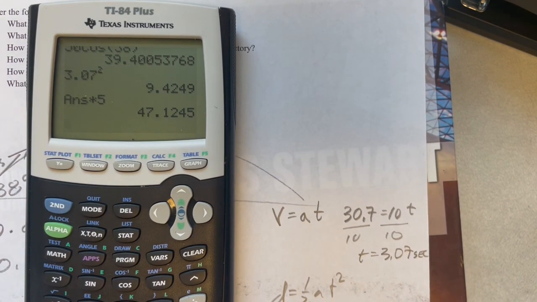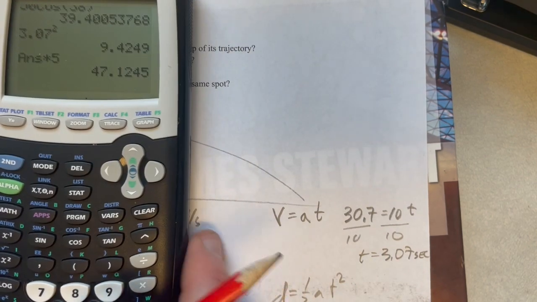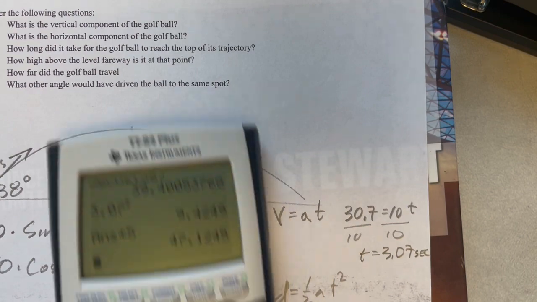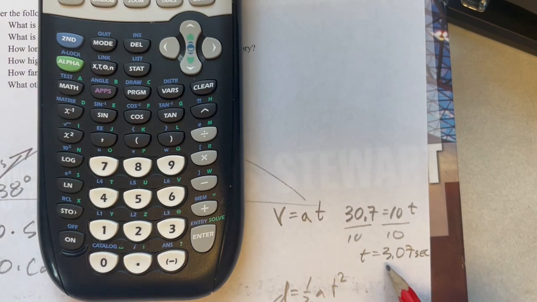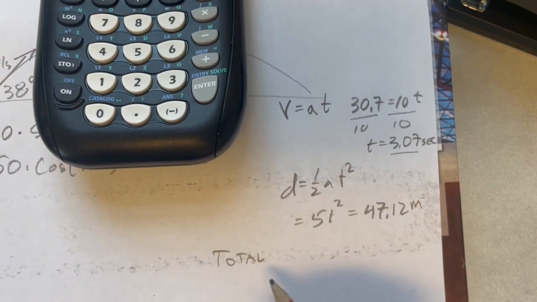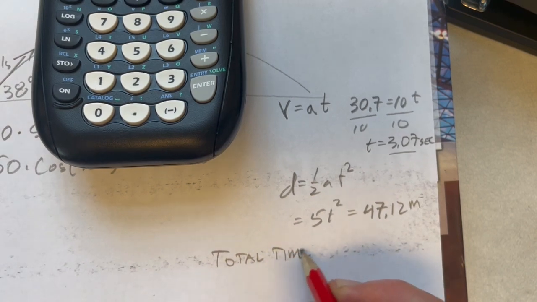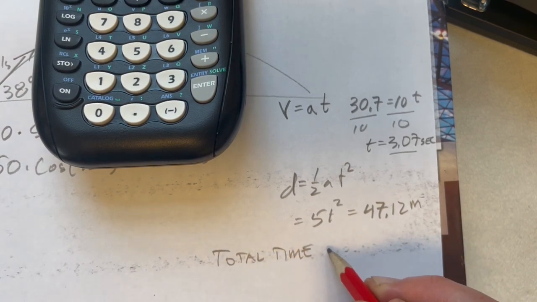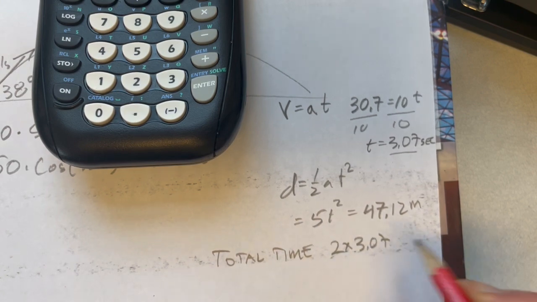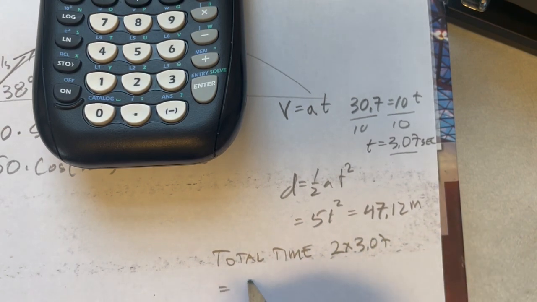Okay, then the next question is how far did that golf ball travel? Well, if we know that it took 3.07 seconds to go up, the total time is going to be twice that, 2 times 3.07 to go up and down, and that equals 6.14 seconds.